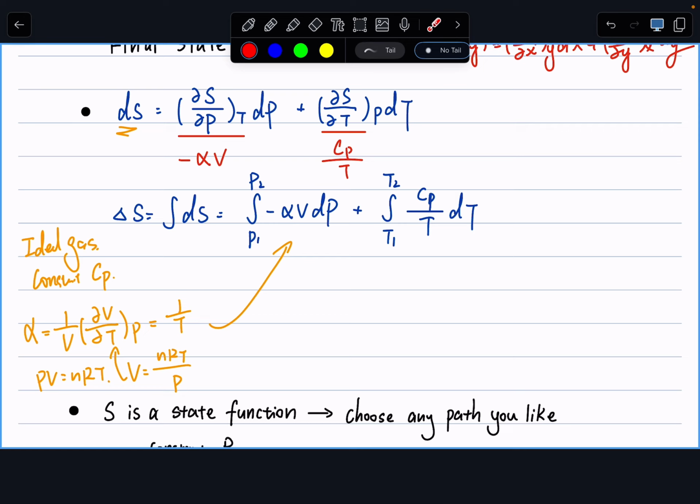And then for our second process, assuming this is an isothermal curve, it may not be, but in this case, let's assume this is an isothermal curve. I know it's not a real isothermal in the PV diagram, but assuming that's an isothermal process.